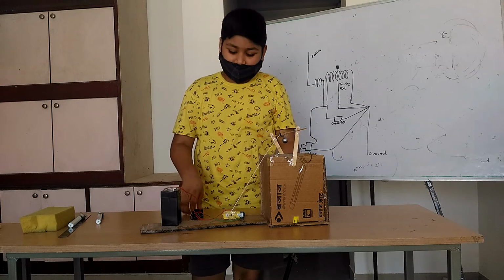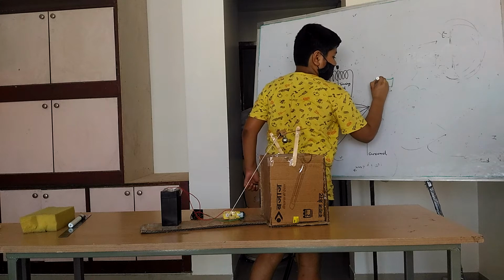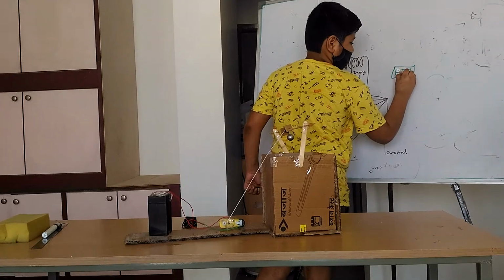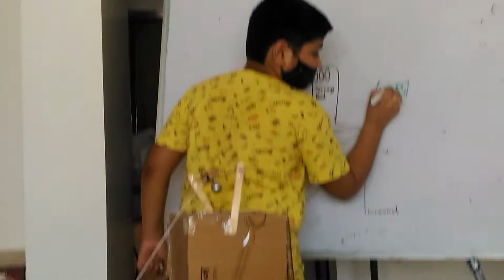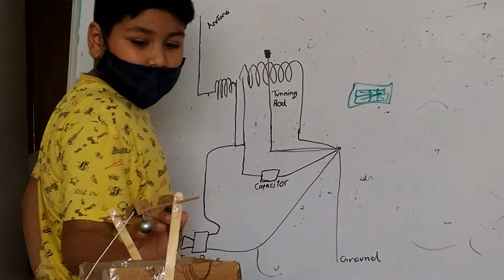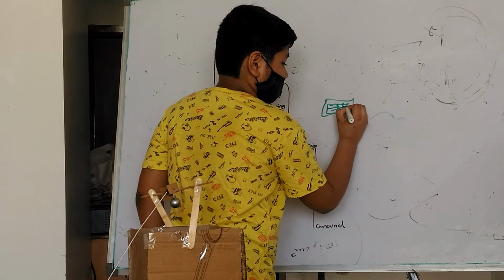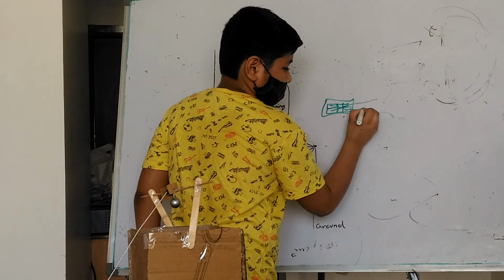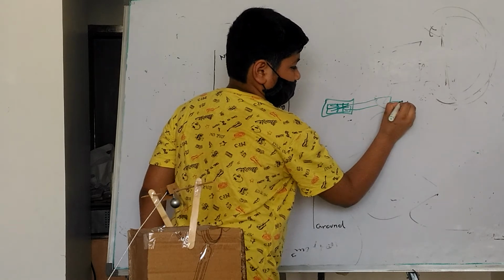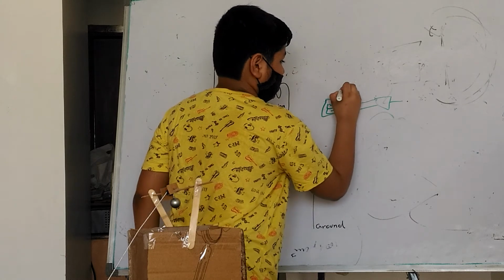The DPDT does the work. This is a DPDT switch, and it has 6 terminals. If we connect this to this, we have one wire here, one wire here. This is the well, and here we will have a motor. These wires will connect the motor, and these two center terminals will connect the battery.